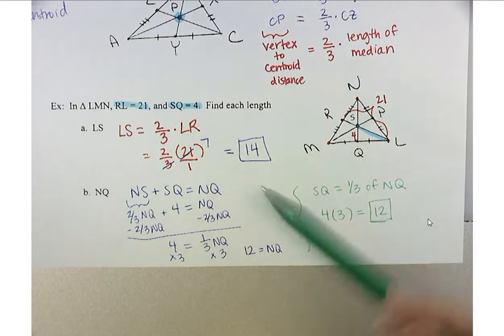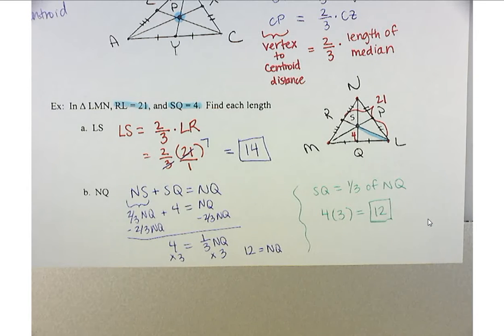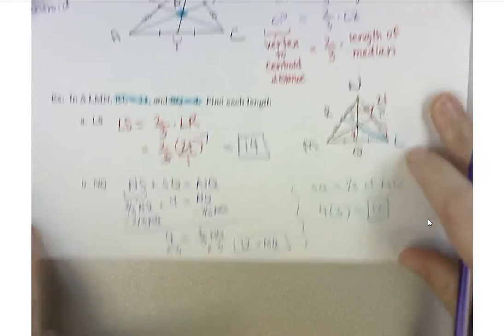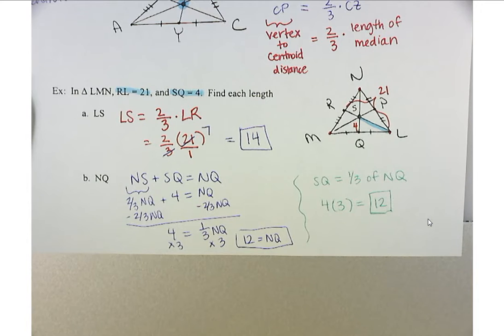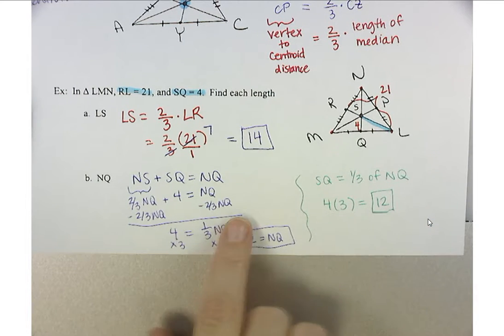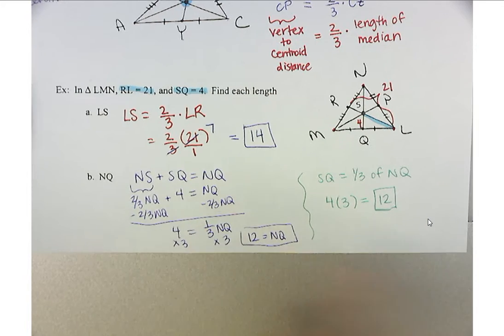Or like Caitlin said, if we were trying to find NS, we know that's 2/3, so we could just multiply that by 2. Okay, so either way you're going to get 12. Okay, so you can do that either way. Obviously, I know some of you are just going to use the logic. That's perfectly fine. I want you to see how else you can do it with algebra. Okay. All right, let's flip it over.